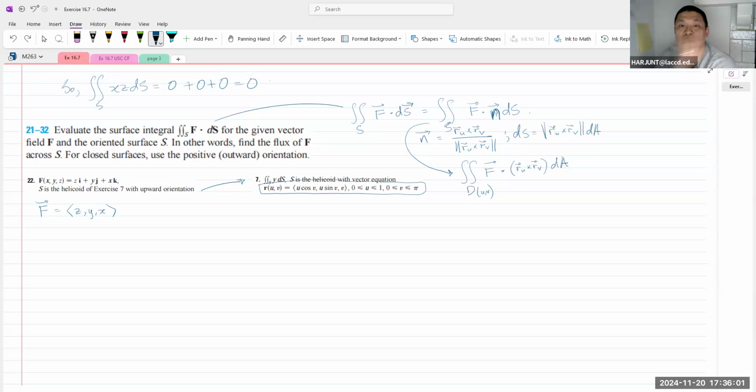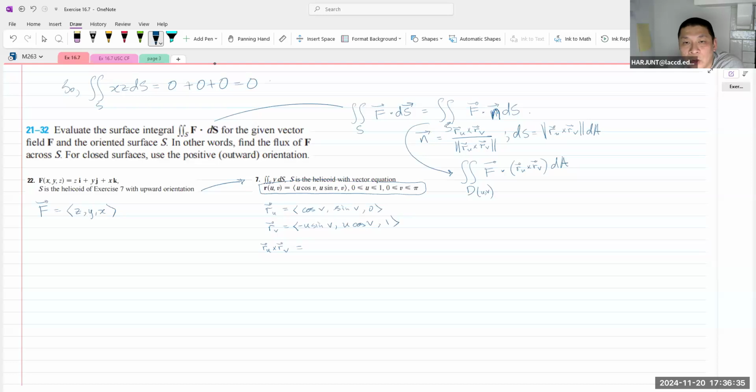Okay, let's execute that plan. What I need to do first is to find R sub u and R sub v, and then the cross product. R sub u will be (cosine phi, sine phi, 0). And R sub phi is (negative u sine phi, u cosine phi, 1).